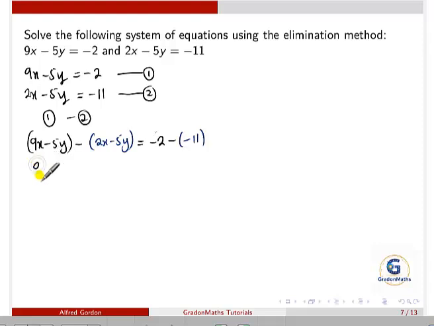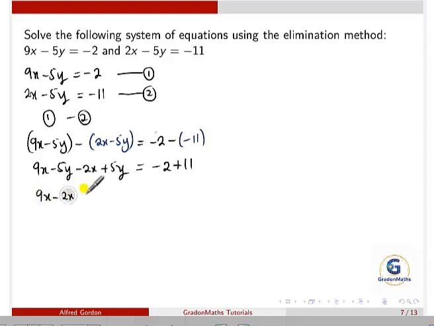So here we have 9x minus 5y, and expanding with the negative will give us negative 2x, plus 5y for the left side, and here we have a minus 2, and then a negative times a negative giving us a positive 11. Let's continue to solve here by grouping like terms.